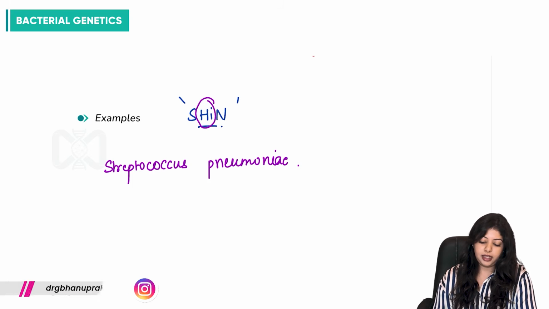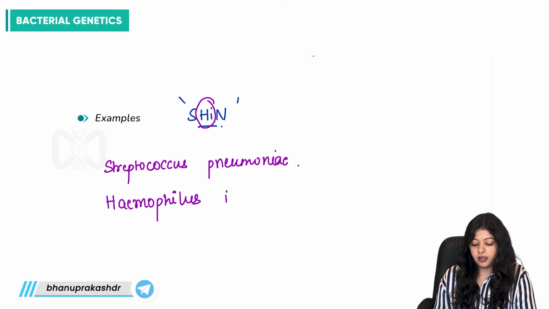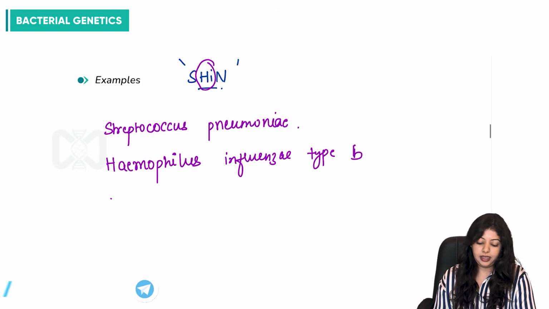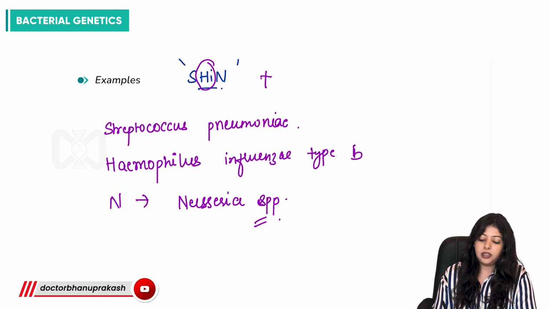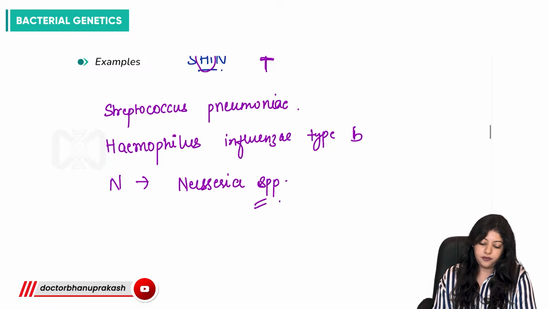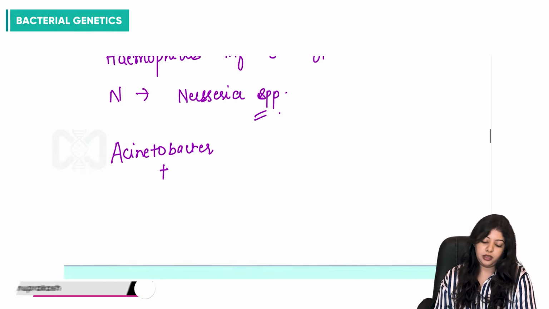With H and I we have Haemophilus influenzae type B. Then N stands for Neisseria species. And along with that, we have two more bacteria: Acinetobacter as well as Pseudomonas.